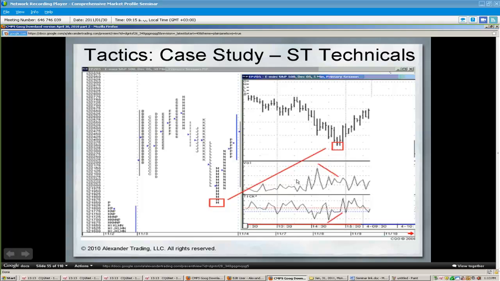Now, tick will generally show you the same things. Now, we do use tick in terms of getting a general tenor of the day, sort of taking the temperature of the bullishness or the bearishness of a day. So if a day has a lot of plus 1,100, plus 1,200 ticks, what it tells us is institutions, the big boys, are buying.